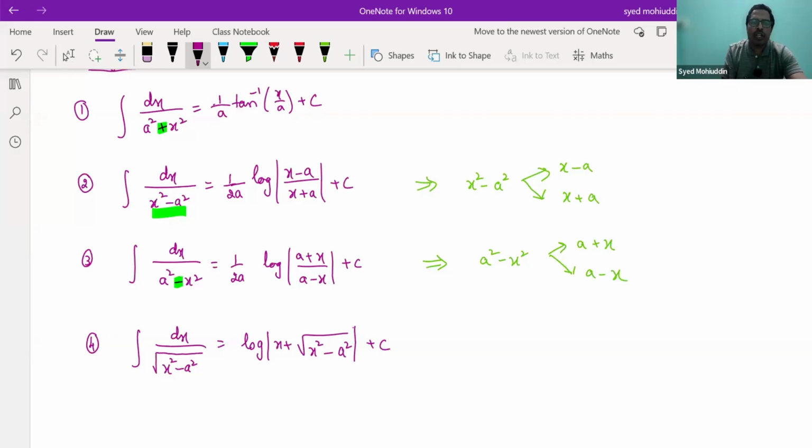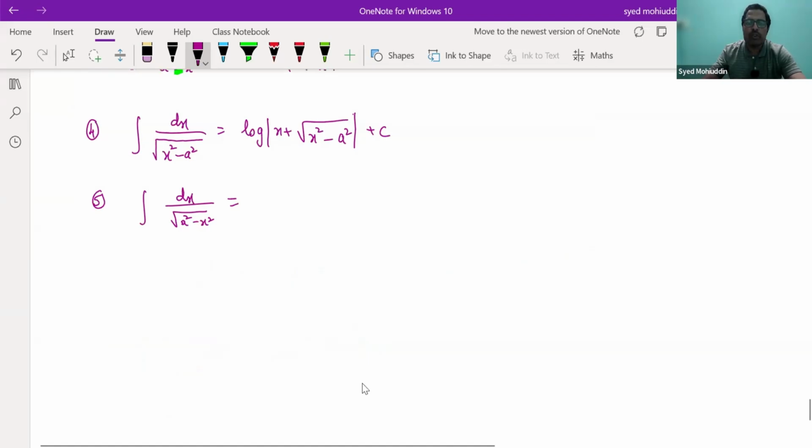Can you see that just by putting the square root on x square minus a square, the formula has changed? Now let us try the third formula and put the square root on it. It is the integral of dx by root of a square minus x square. But if you observe, a square minus x square will not be in the form of log; rather, it will be in the form of sine.